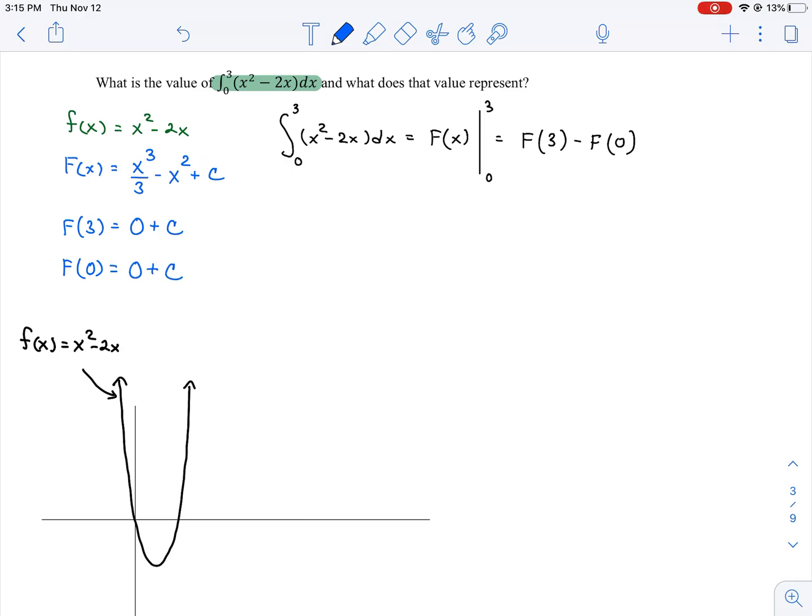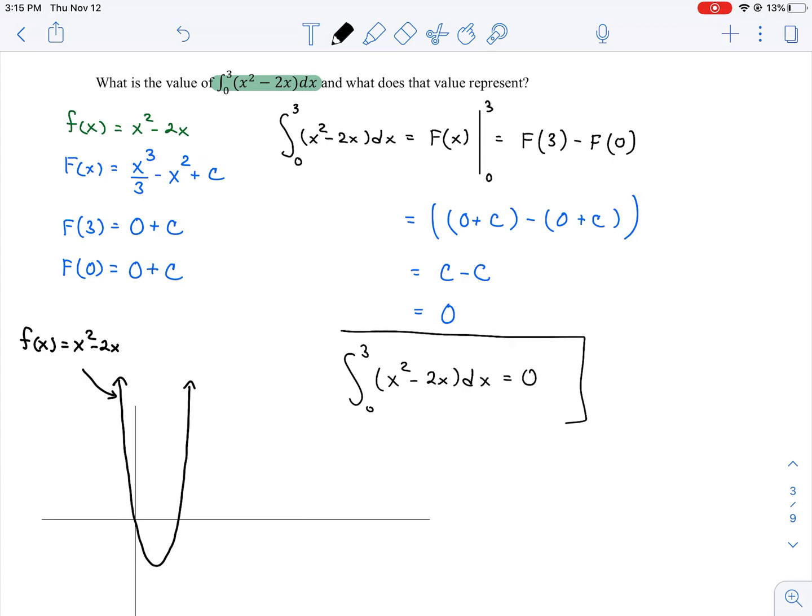So the definite integral is equal to 0 plus c minus 0 plus c, which is equal to c minus c, which is equal to 0. So this definite integral is equal to 0.